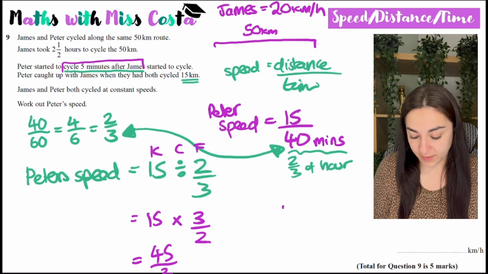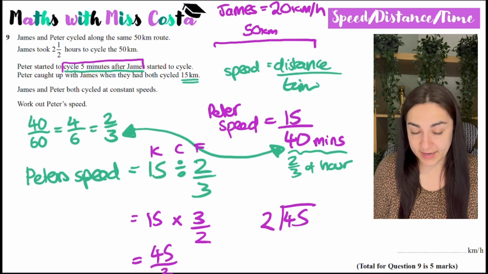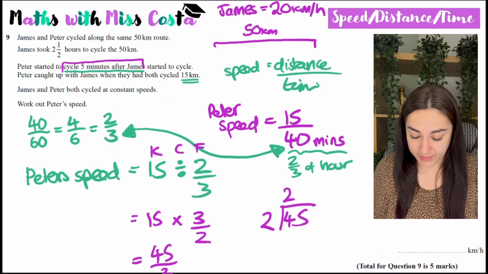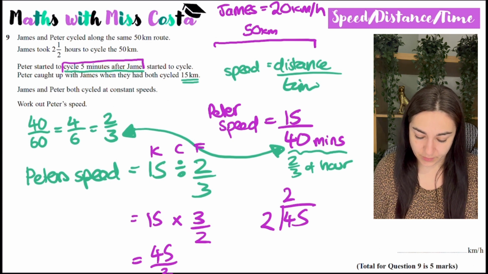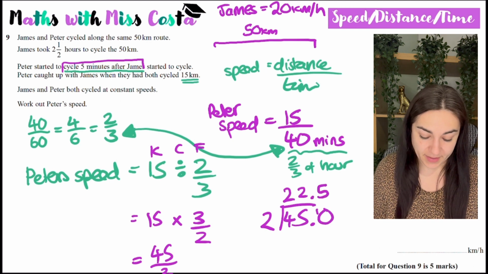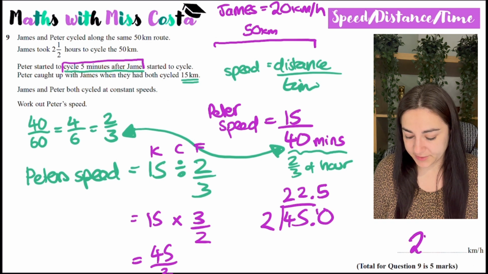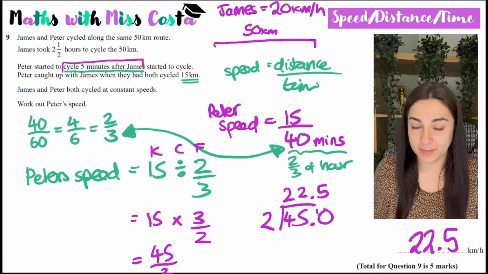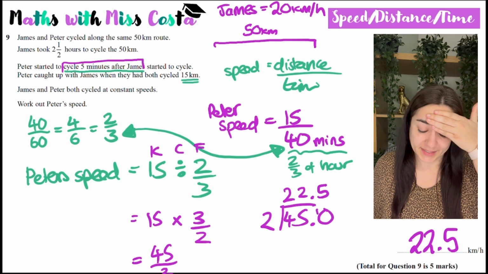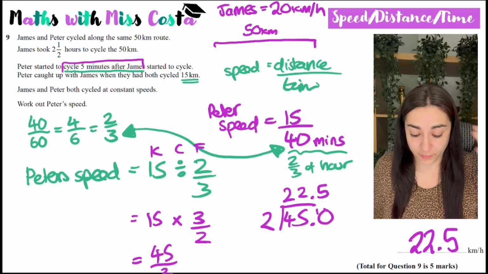And 45 divided by 2. If I can't do it in my head, just use the bus stop. So 2's into 4 go twice. 2's into 5 go twice, remainder 1. And 2's into 10 go 5. So therefore Peter's speed is 22.5 kilometers per hour.